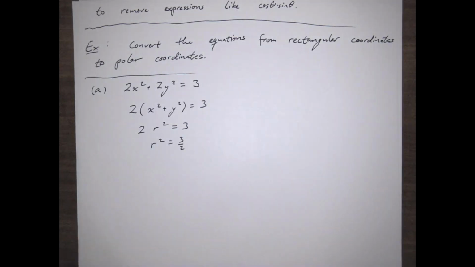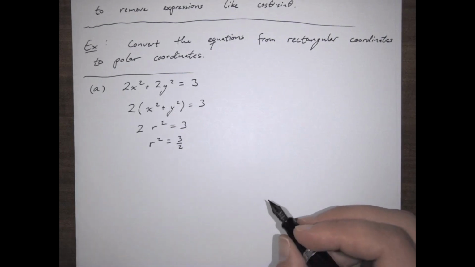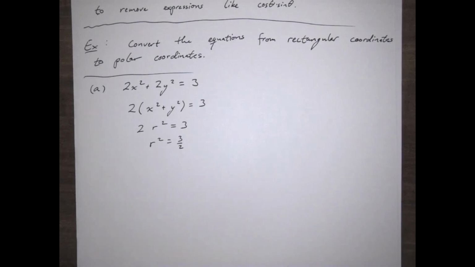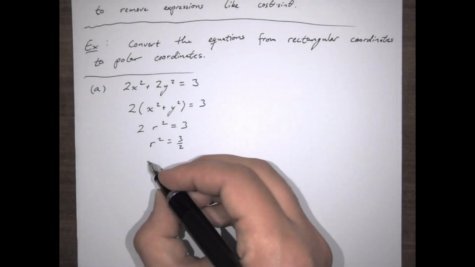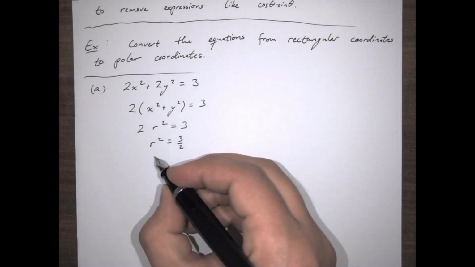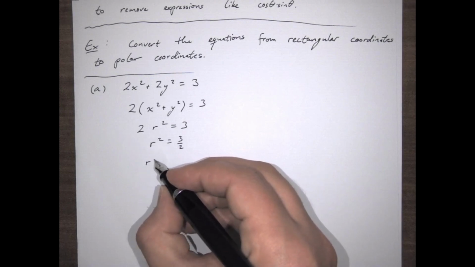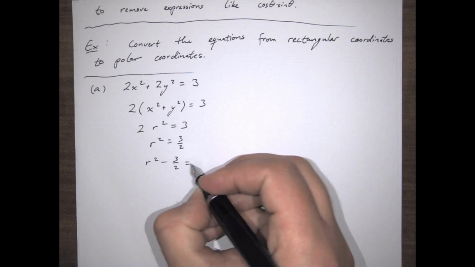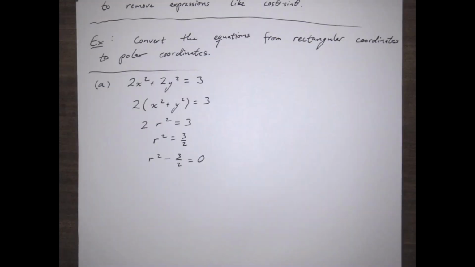If I wanted this to be completely solved for r, and I took the square root of both sides, that would give us root 3 over 2, which I would then rationalize the denominator of. Also, I can rewrite this as r squared minus 3 halves equals 0 if I want to put it into the form that Pearson likes.